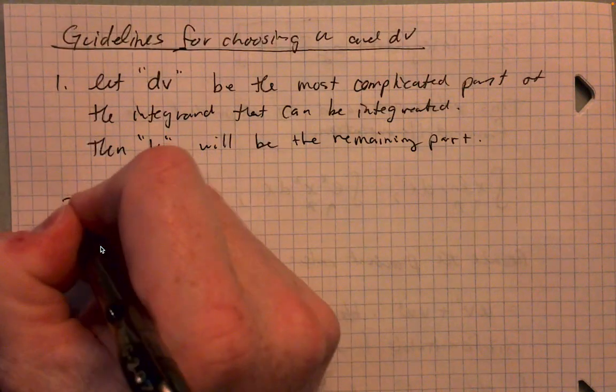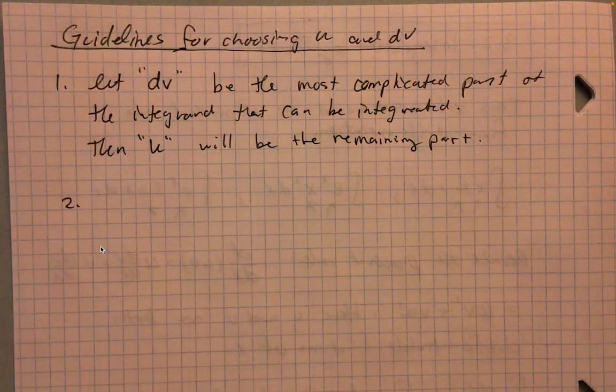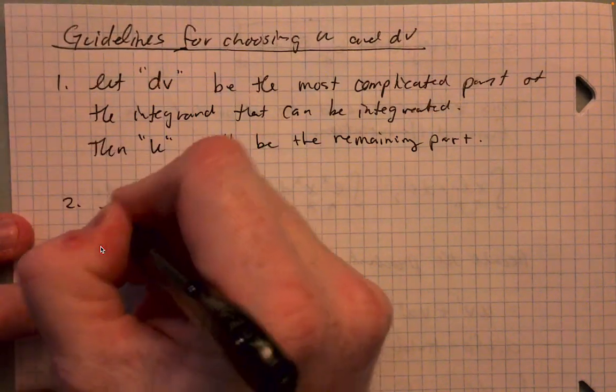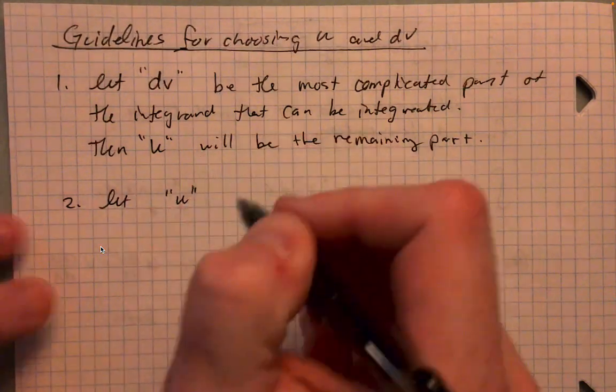Now, a second guideline would be to be very conscientious about your choice of u instead. So in this case, what you would say is let's go ahead and choose u to be the portion of the integrand whose derivative is simpler. And we'll talk about what we mean by that in a second.